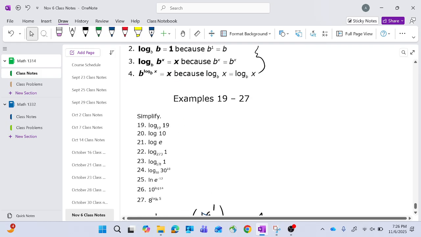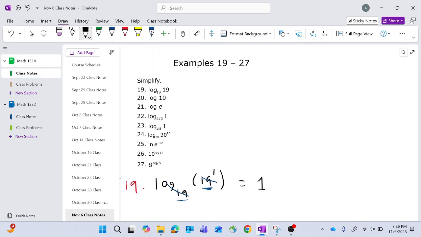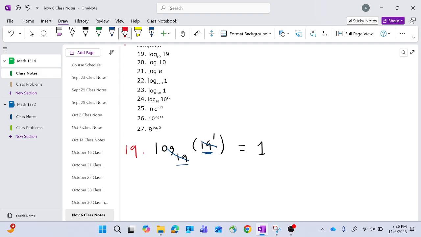All right. So now 20. So log base 10 of 10, or log of 10, which is base 10. And remember, that's 10 to the first power.